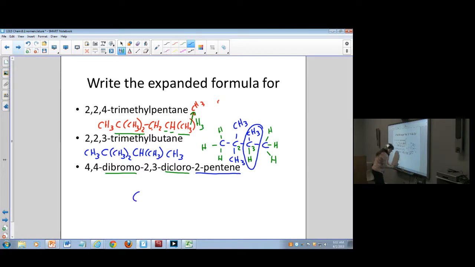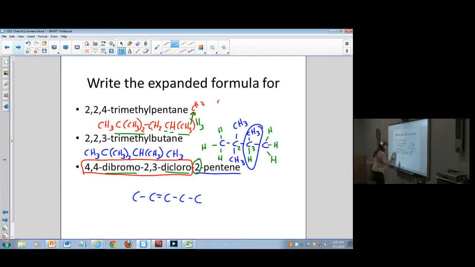So 1, 2, 3, 4, 5. Then we're going to determine that the double bond is at carbon 2. So I'm going to make a double bond here. Now I'm going to use my prefixes to finish this structure.